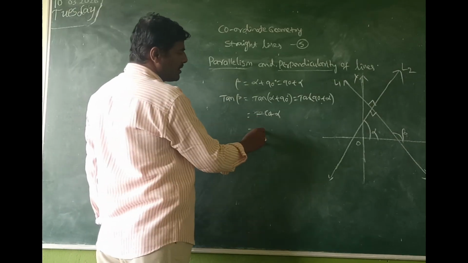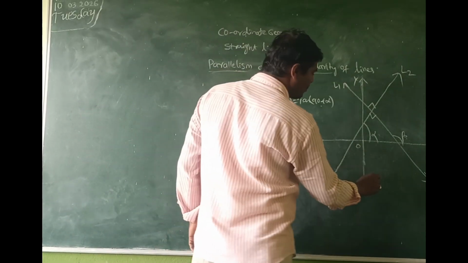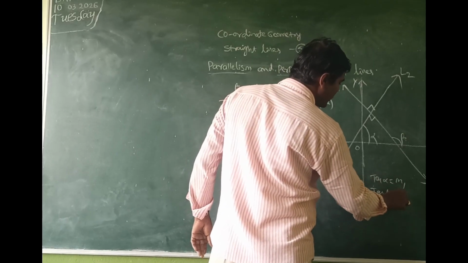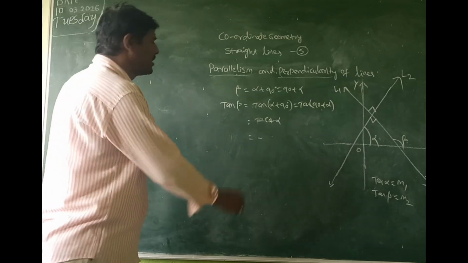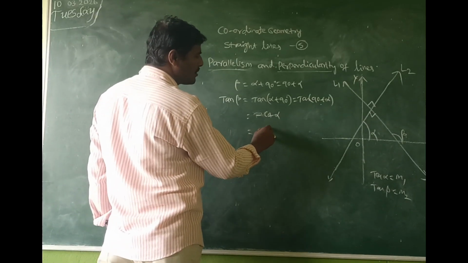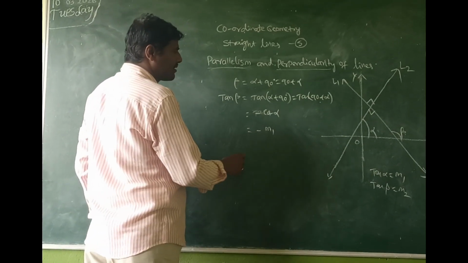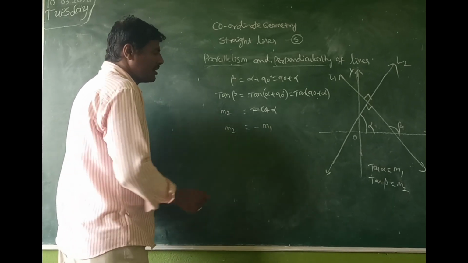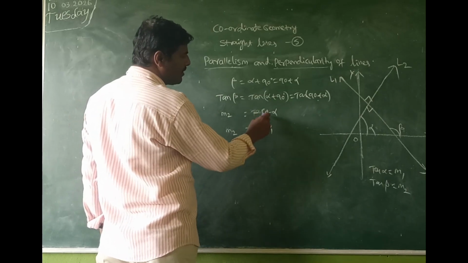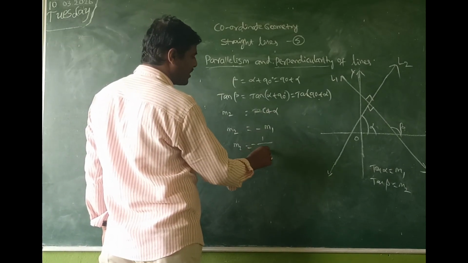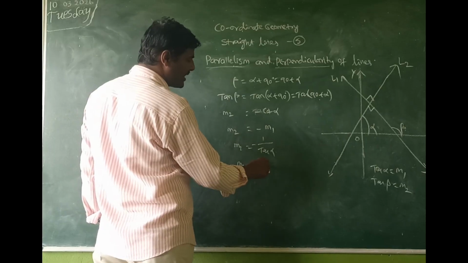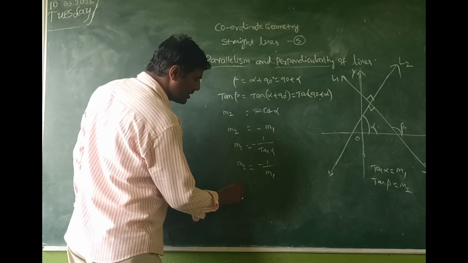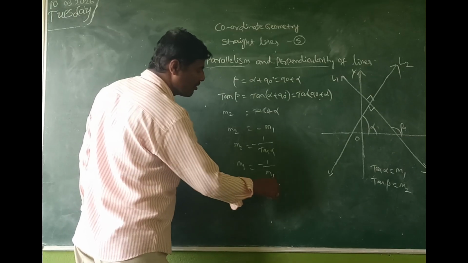Here m1 equal to tan alpha, and tan beta equal to m2. Cot alpha means 1 by tan alpha, so minus cot alpha is minus 1 by m1. So m2 equal to minus 1 by m1. By cross multiplication, m1 into m2 equal to minus 1.